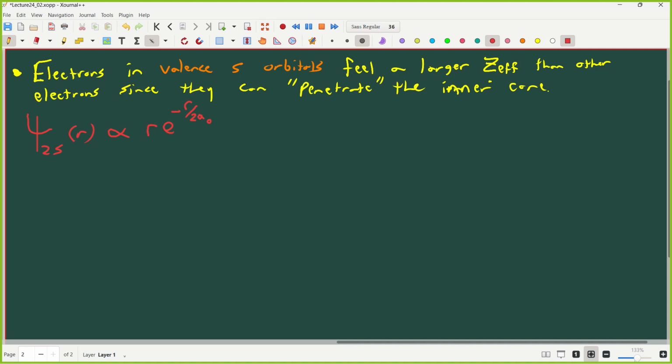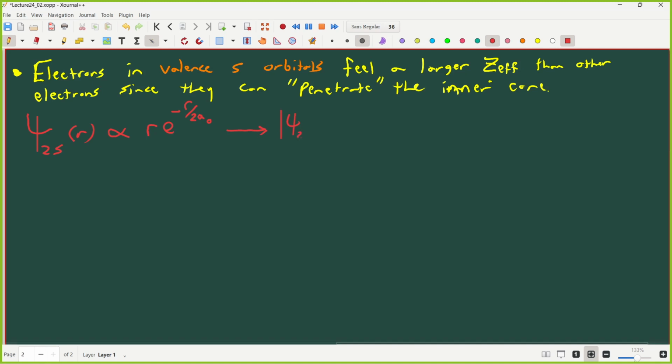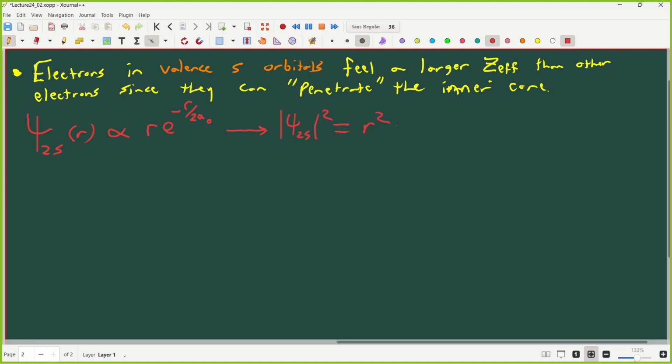And when we want to measure where an electron may be, we take the square of the wave function. So psi 2s squared looks like r squared.